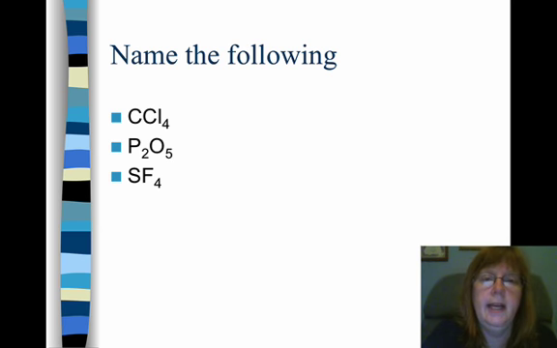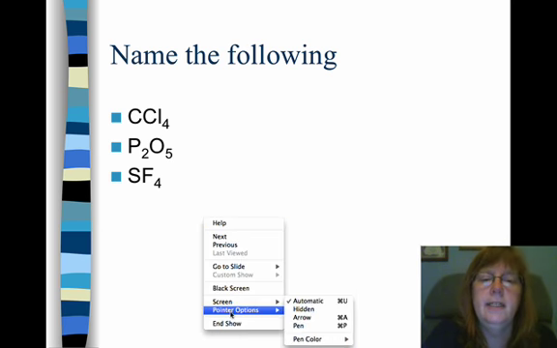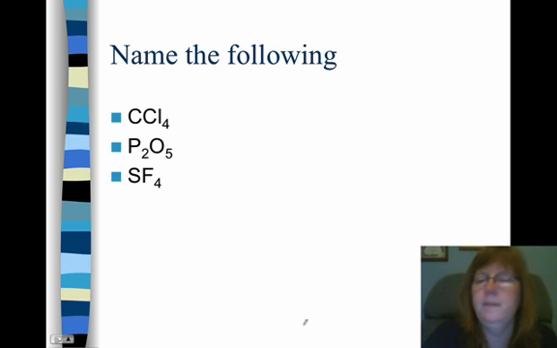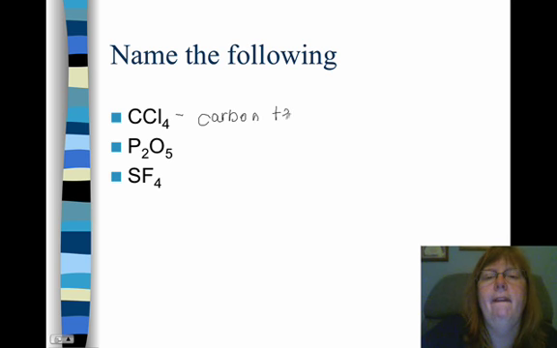So let's go ahead and see if I can get this written down. Okay, so this one, 1 carbon, 4 chlorines is going to be carbon tetrachloride. There we go.